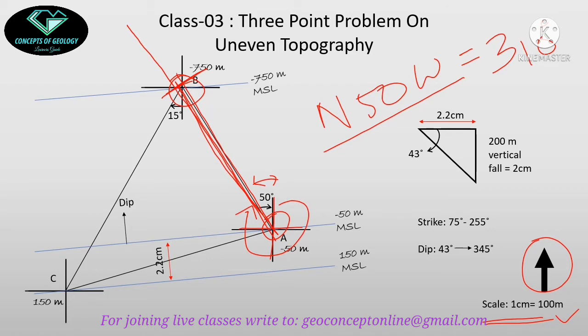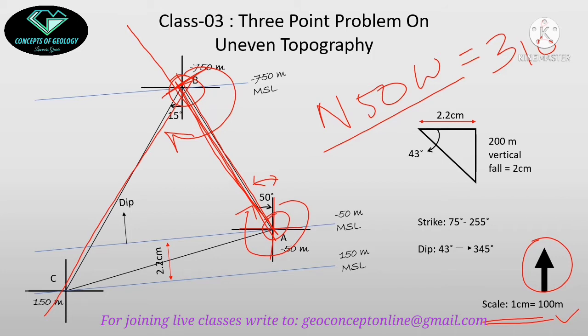After B, I will try to find out the position of C. The instruction is C is at south 15 degree west of B. So south 15 degree west means 180 plus 15 degree, that means 195 degree in whole circle bearing. I will measure a 195 degree angle and draw a straight line along this direction.